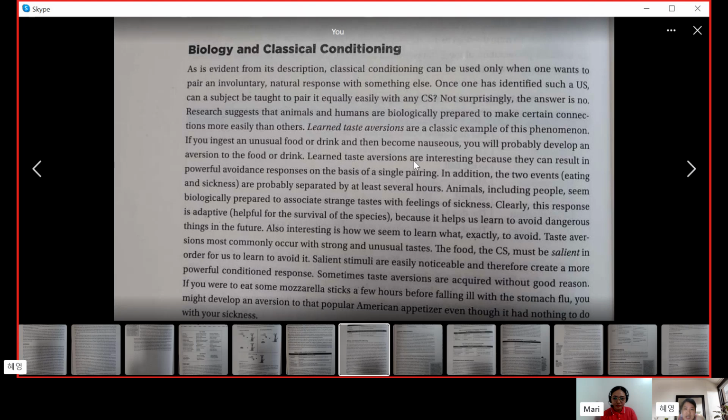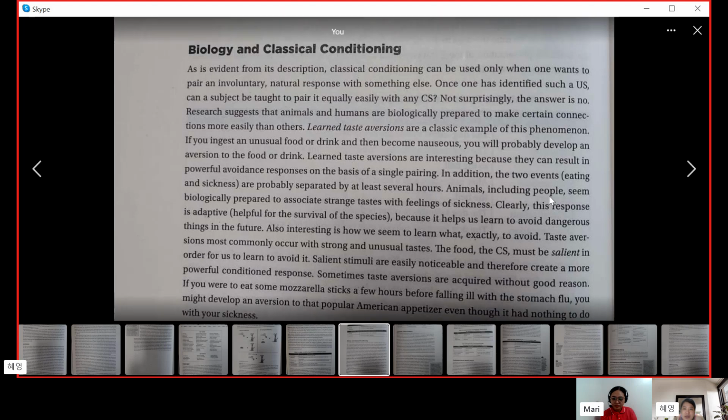Taste aversions are interesting because they can result in powerful avoidance responses on the basis of a single pairing. In addition, the two events, eating and sickness, are probably separated by at least several hours.